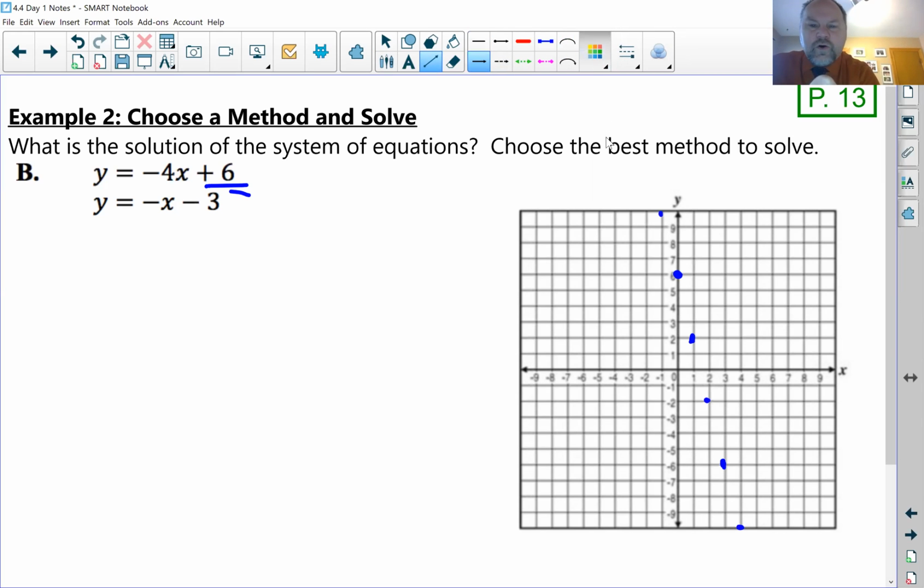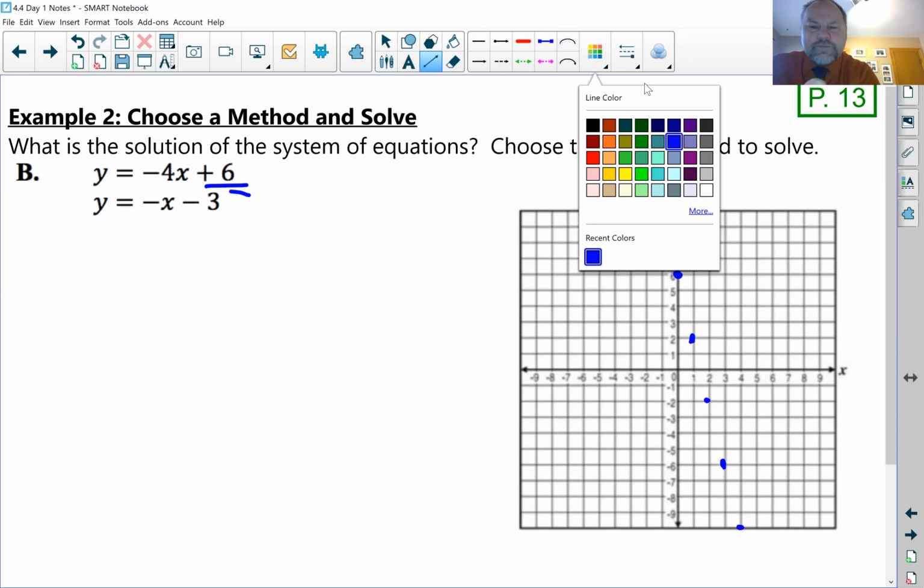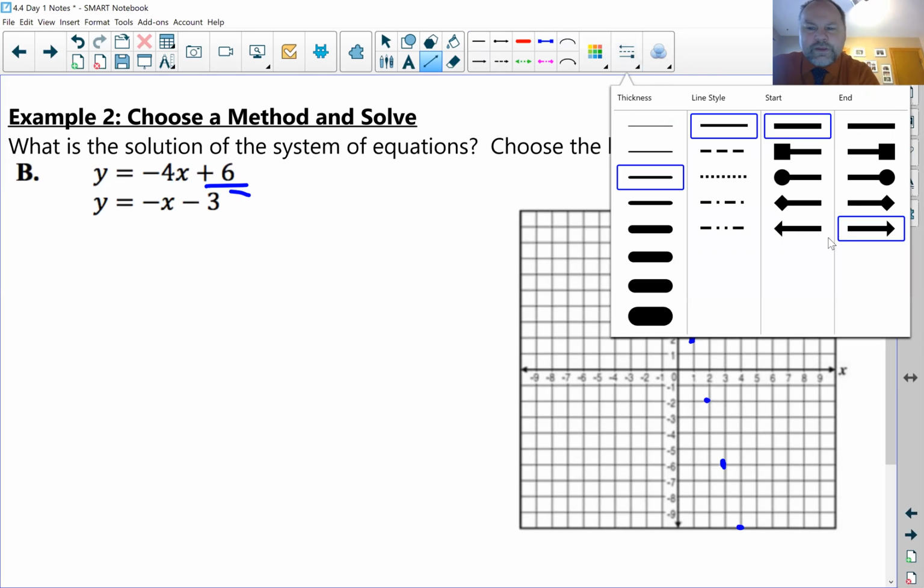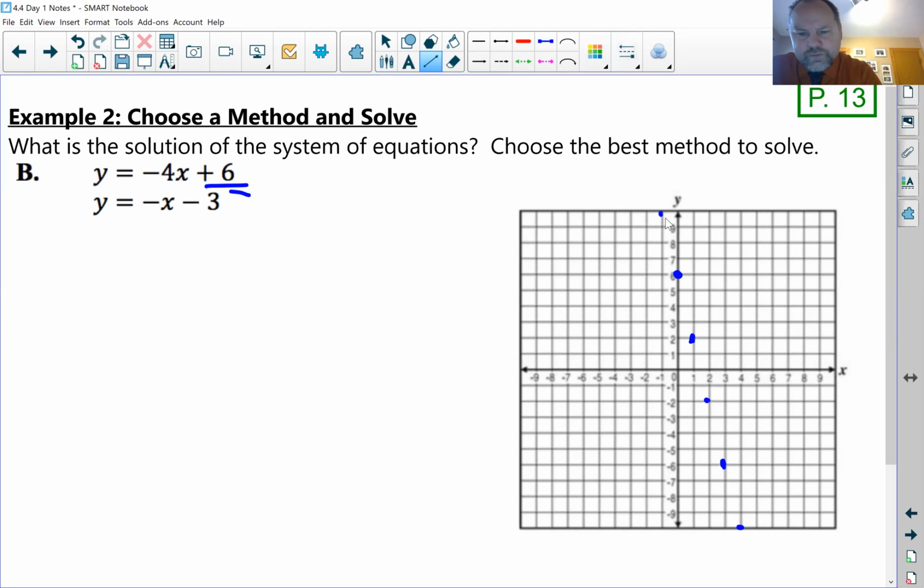Again, on the homework, if you are graphing, you can make the points on the graph just by clicking. You don't have to actually draw out the points.